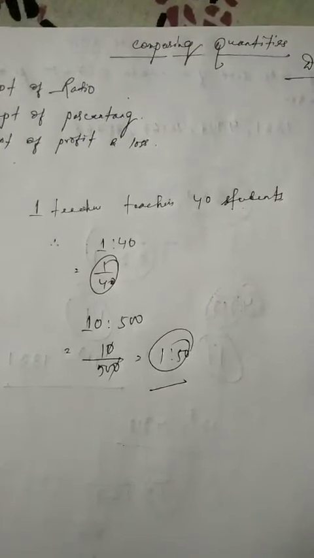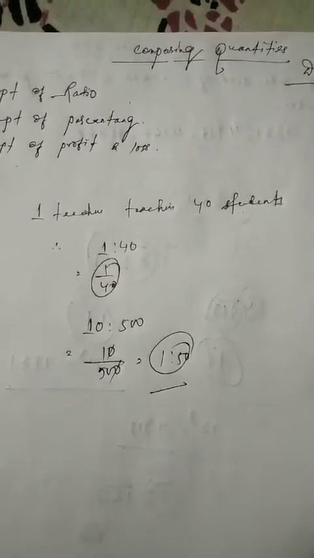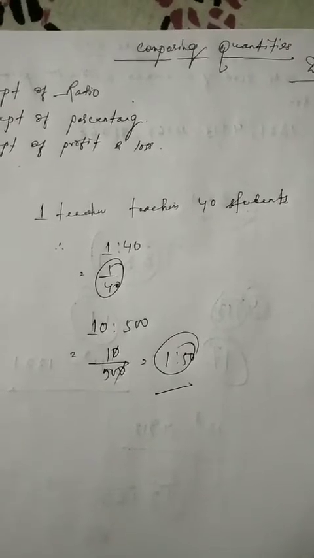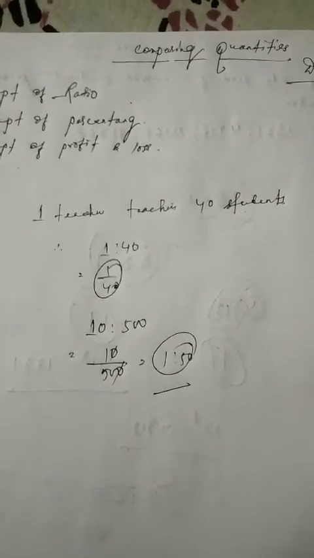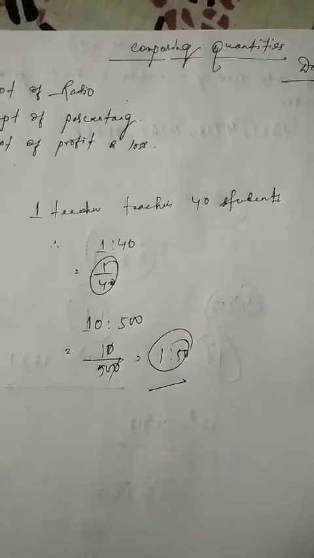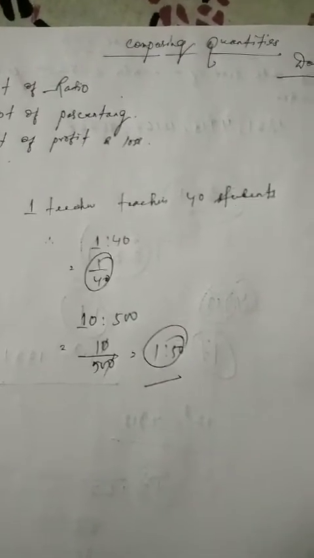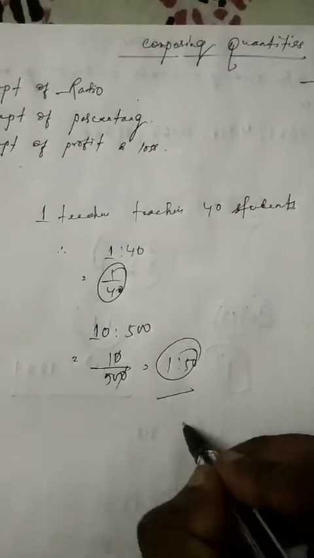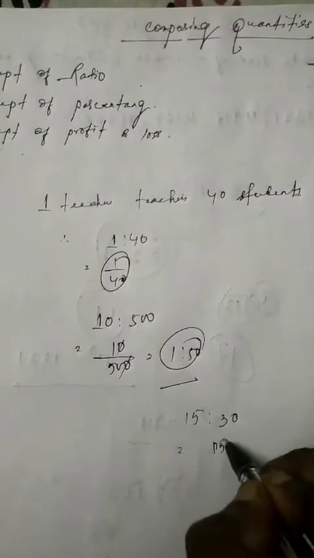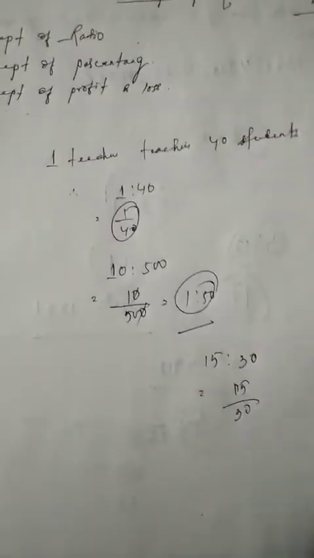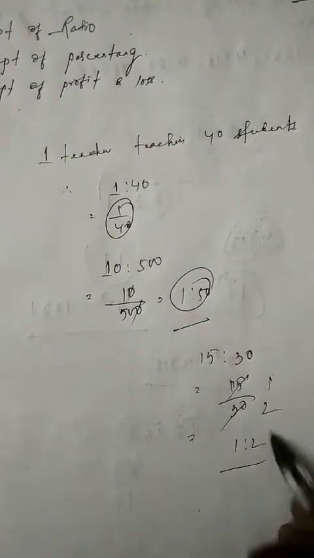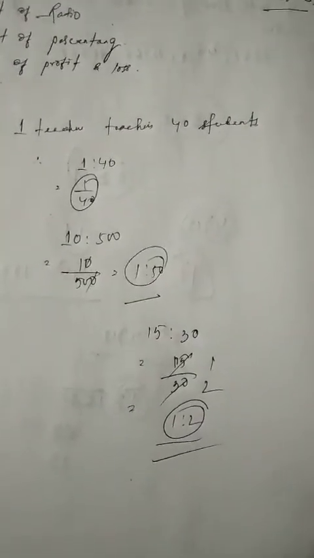Suppose you are asked to find the ratio between 15 kilometers to 30 kilometers. In that case we will just simply convert it to 15:30. We will write 15/30. It's 1/2 or 1:2. This way we find the ratio.